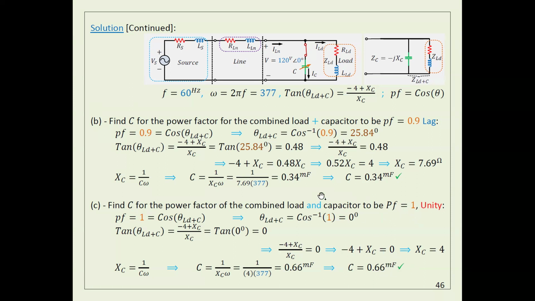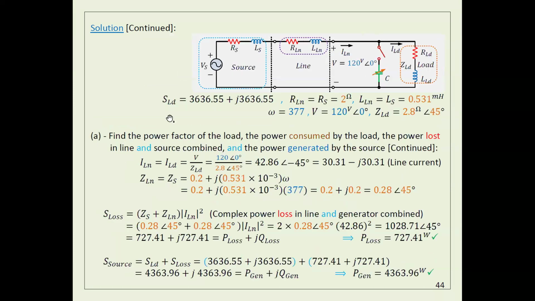Now I'm gonna repeat the first part of the question, but after adding these 2 capacitors. So now the load will be different. The load is gonna have this part, and on top of this part it will also have a capacitor in parallel. Everything will be the same.